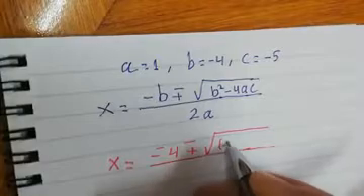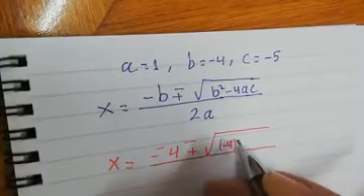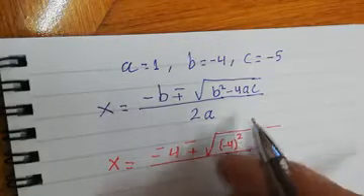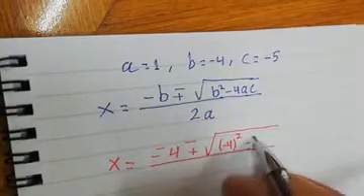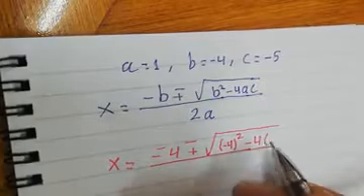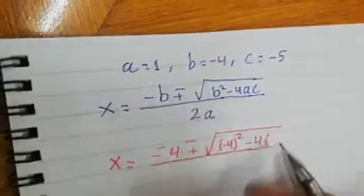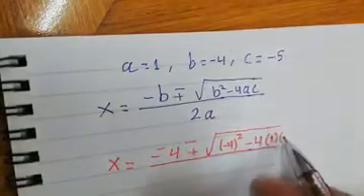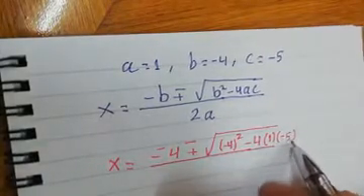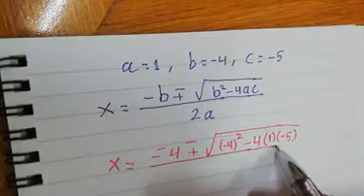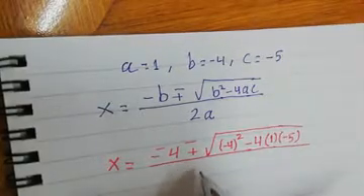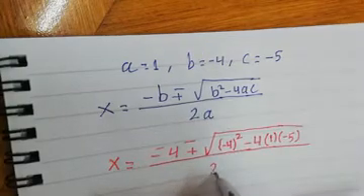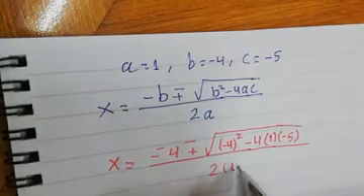Don't forget to put it inside parentheses. This is b squared minus 4 multiplied by a, which is 1, multiplied by c, which is negative 5. Divided by 2 multiplied by a, so it's 2 times 1.